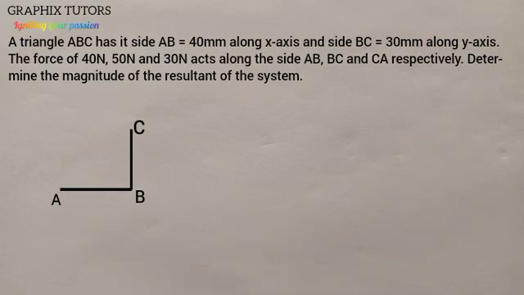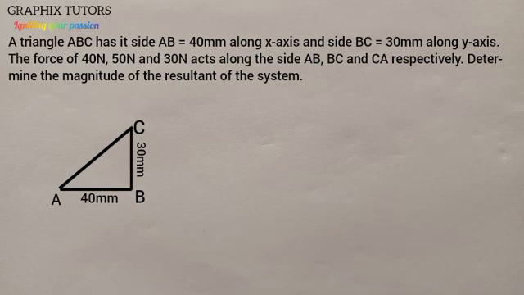Now, if you join the three of them, it will make a triangle just like this. So AB is 40 and BC is what? It is 30 millimeter, right?